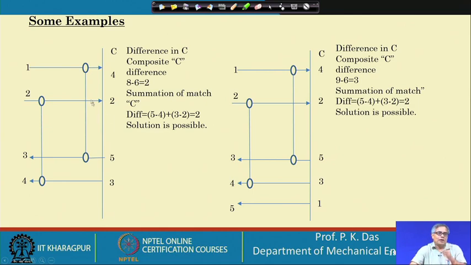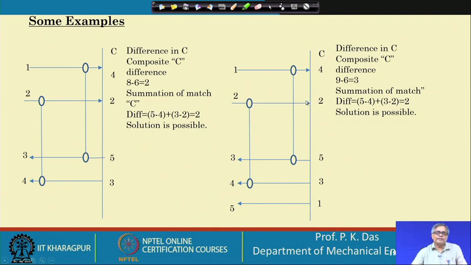What are we getting? The hot stream has a heat capacity rate of 4, the cold stream has a heat capacity rate of 5, and this is the hot end after the pinch point. So, 5 is more than 4, a solution is possible, and for the cumulative condition also a solution is possible. So, this is a good case.